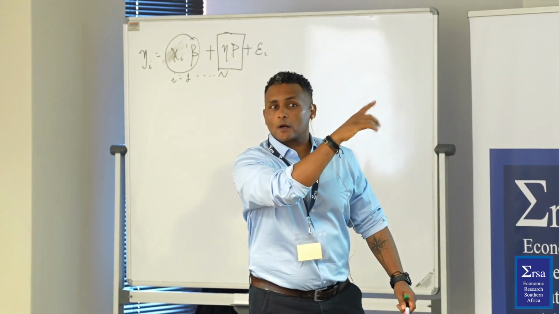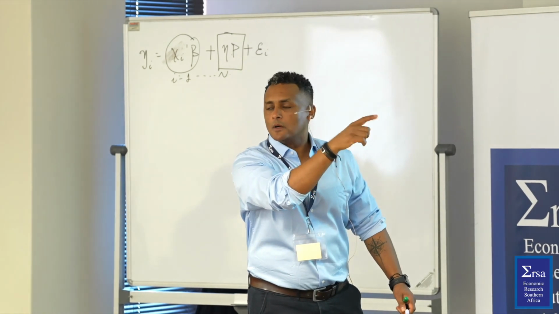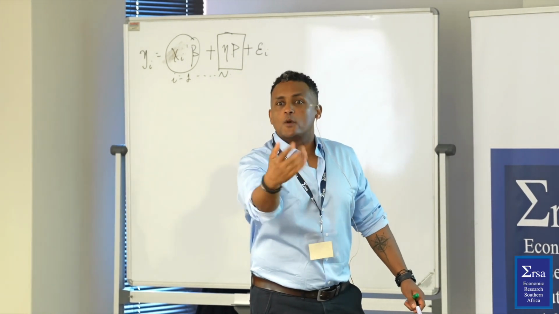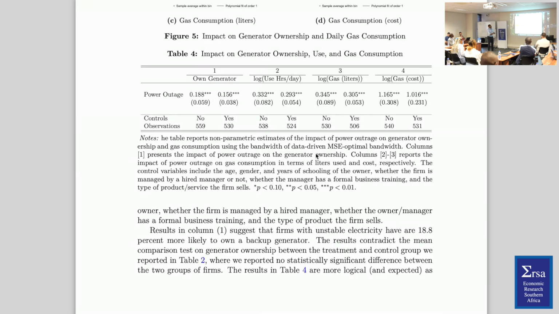This is something that we forgot to discuss yesterday in the practical in the writing section, when you present your results. So I simply said what? Controls here? No, but here? Yes. Do you see what happens? This is what? Power outage. So the first equation is this.